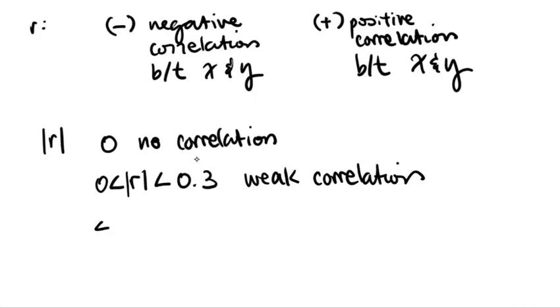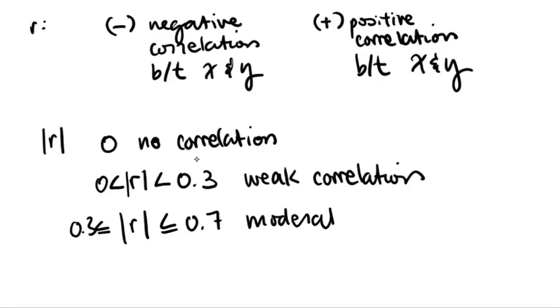Something greater or equal to 0.3, R less than or equal to 0.7, will be like moderate correlation. And if it's greater than 0.7, that's a stronger sign that we have a strong correlation. We can actually say that, yes, whatever the X value is does kind of indicate what the Y value is, or what the output will be.